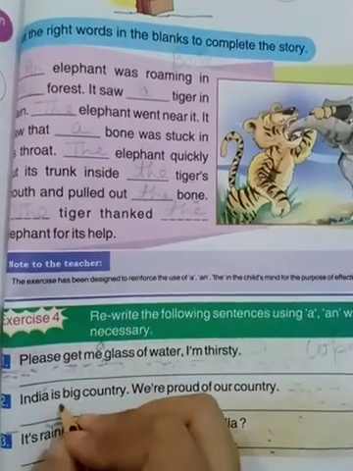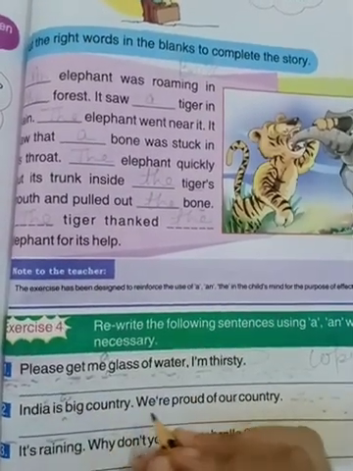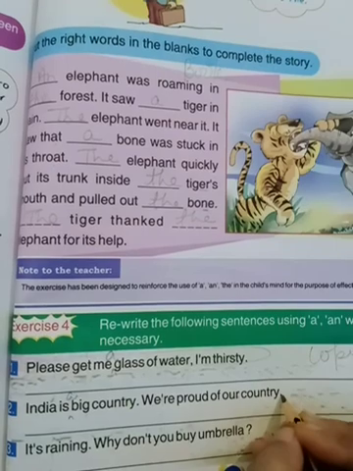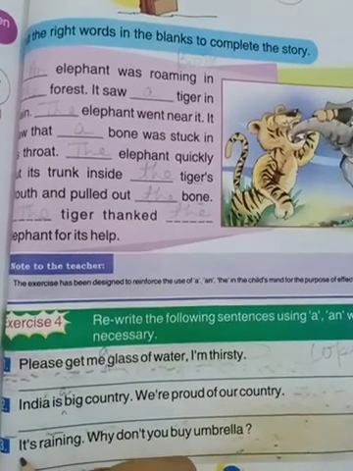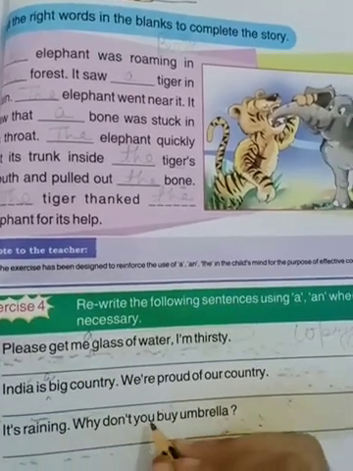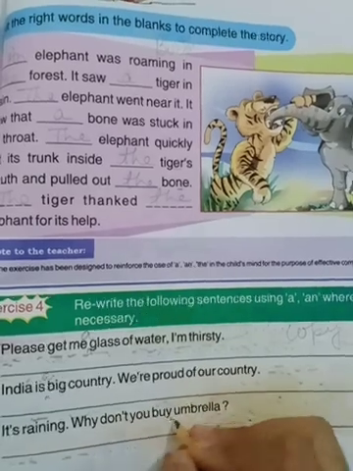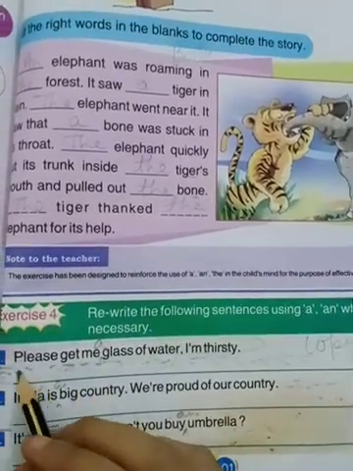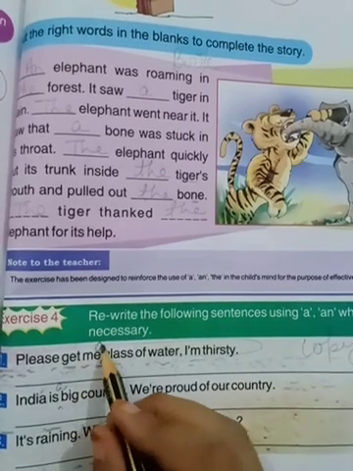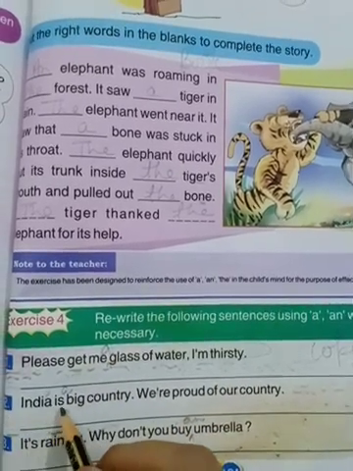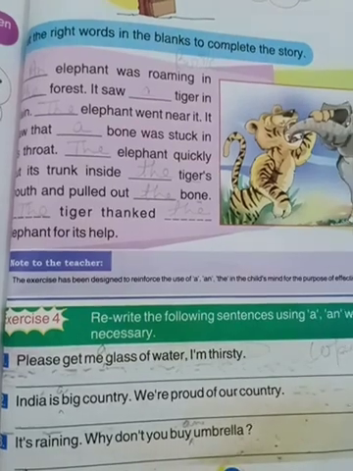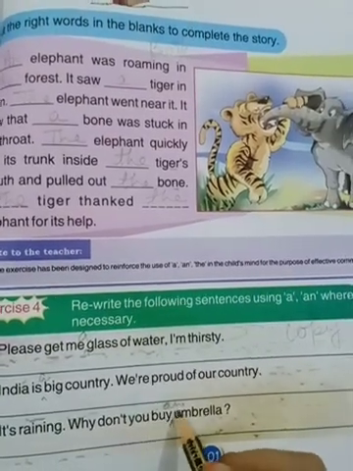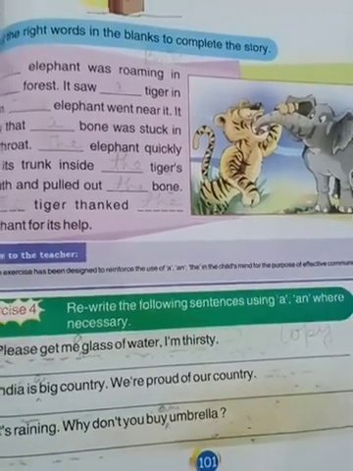India is a big country. We are proud of our country. It is raining. Why do you buy an umbrella? Okay, in this sentence, after me, you will write a. In this sentence, after is, you will write a. In this sentence, after buy, you will write an umbrella.